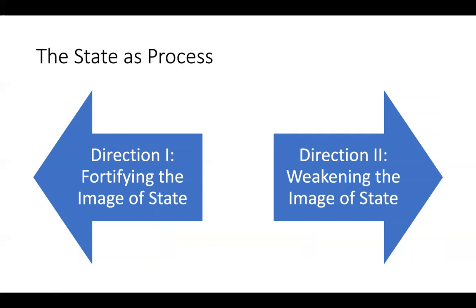On the other hand, a weakening state means that the gap between image and practice is very far. And this is not an end process. This is constantly going. Therefore, we should see the state as a process, not simply as an end point, because it's constantly happening. I've also provided you with many examples, so I guess that should be enough. So yeah, that's it.